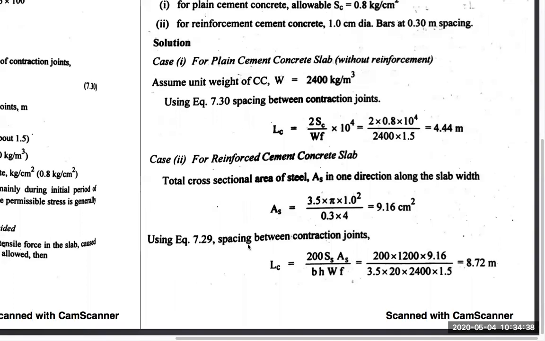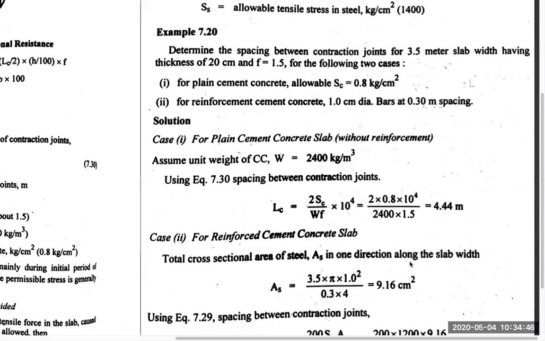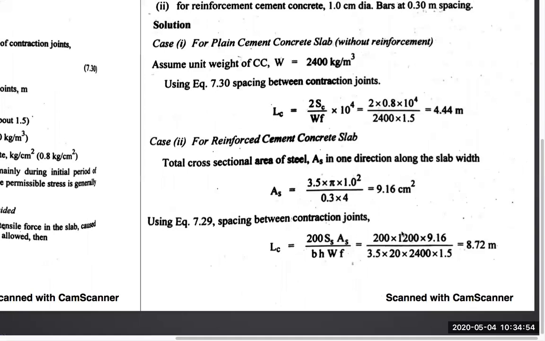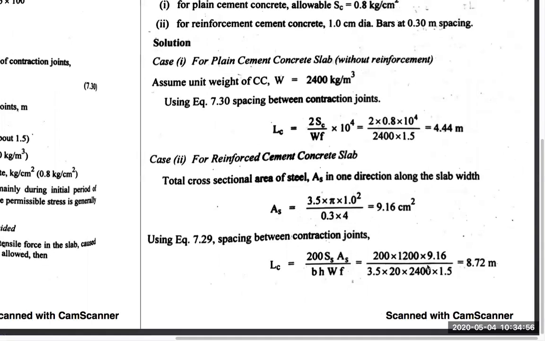Okay, then for spacing between contraction joints, this equation is taken into consideration. 2000 into 1200, which is not there in the problem. Okay, so it should be 1400. They have taken it as 1200. There is a correction here in the textbook itself. You can make it 1400.